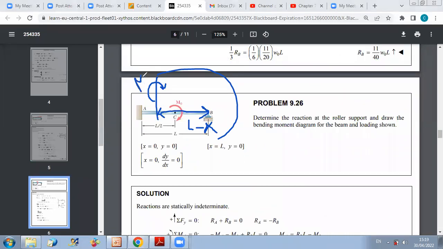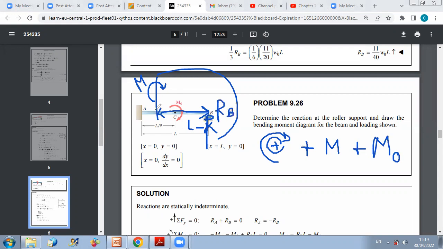This is the bending moment M. If we take the positive direction as clockwise, you have plus M and you have plus M0. Now the support reaction at B, RB, is producing about the section a counterclockwise moment, so it's minus RB times L minus X.